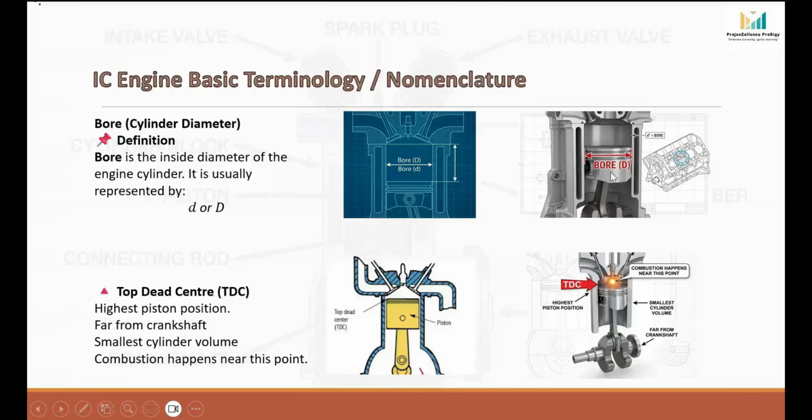Bore plays a critical role in engine performance because the piston and the piston rings are designed to match this diameter very precisely. And when this fit is correct, we get proper sealing, good compression, efficient combustion, and smooth engine operation.